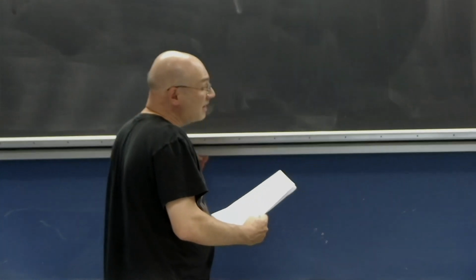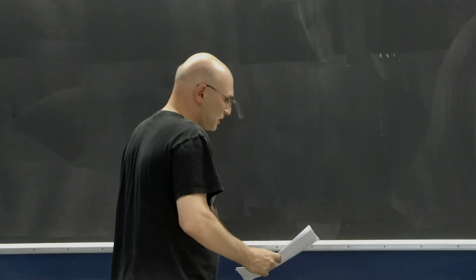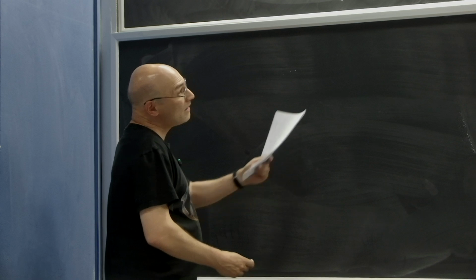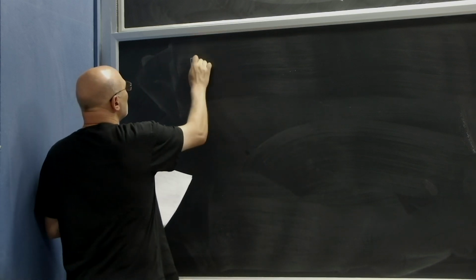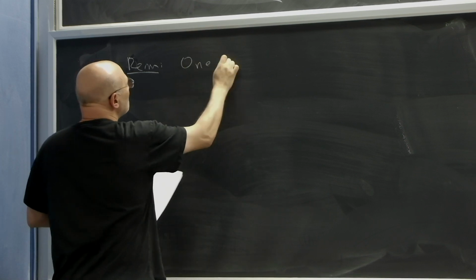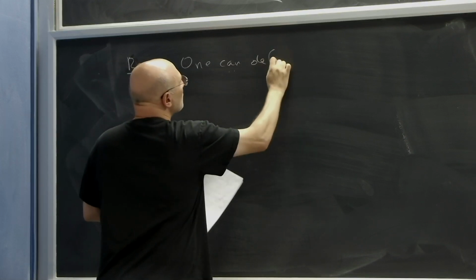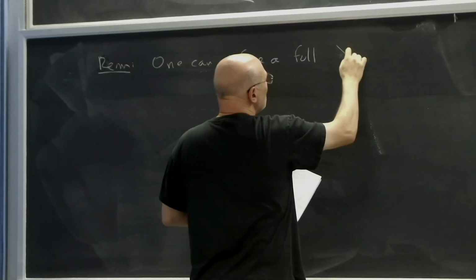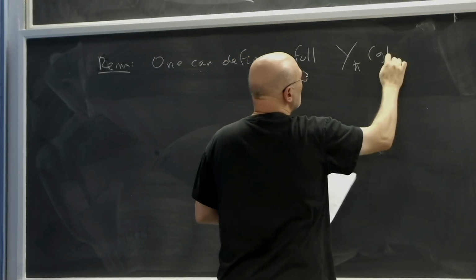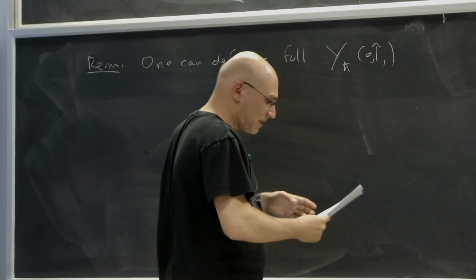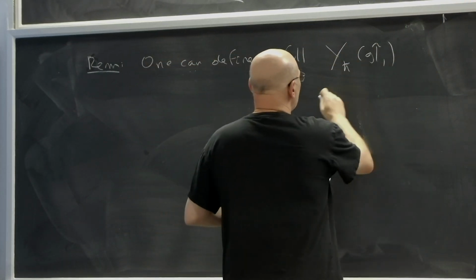And let me make some remarks about why this is an interesting result. So, applications of that result. The remark is that, first of all, one can define a full Yangian, of which this is just the positive half. Okay, and what is it?